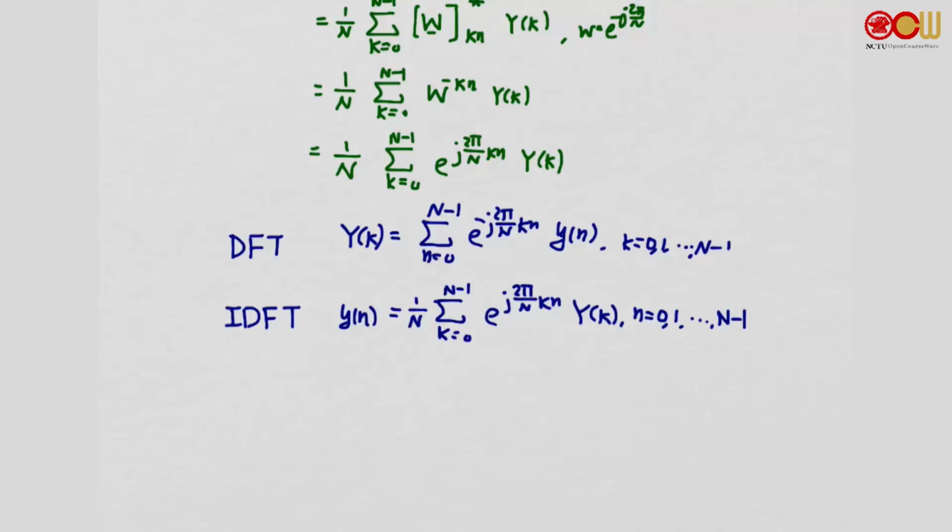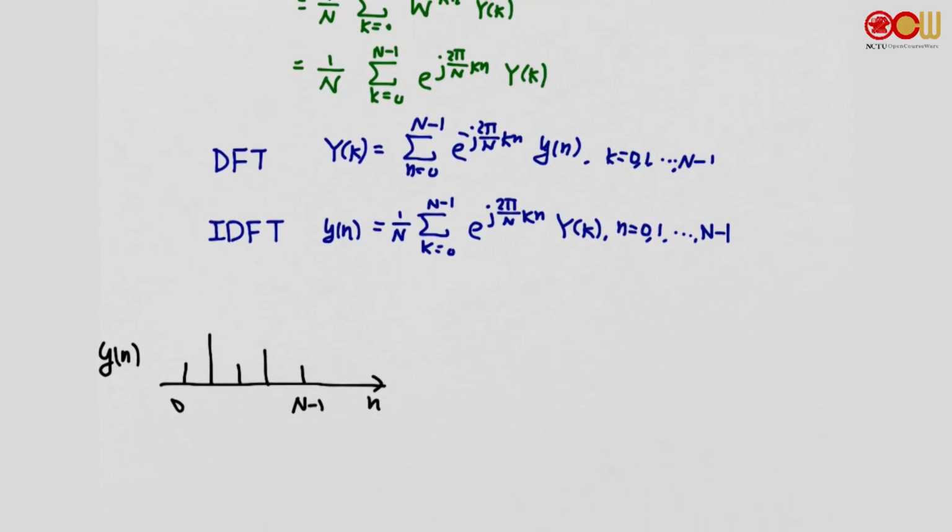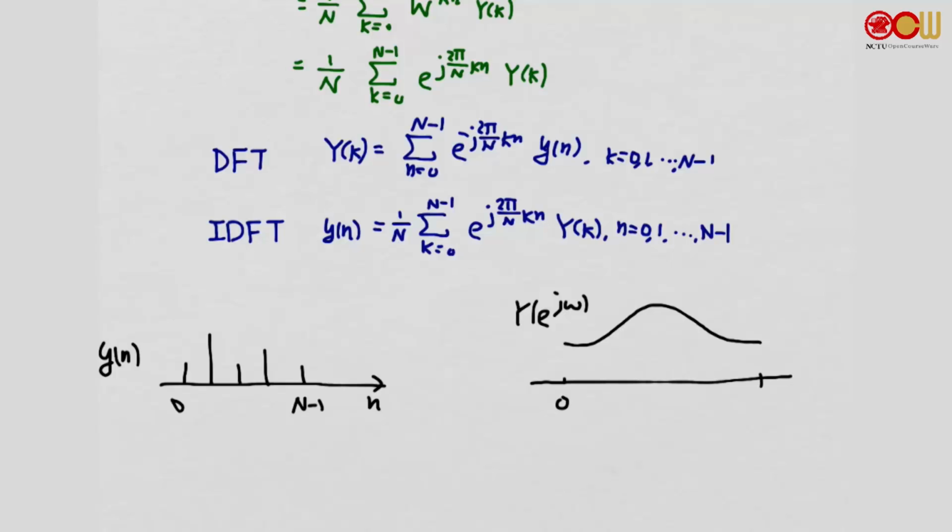What this means is that if we have a sequence yn, it has n points, 0 to n minus 1. From yn, we can compute its DTFT, Y e to the j omega. This is 0, this is 2 pi, and this is omega.